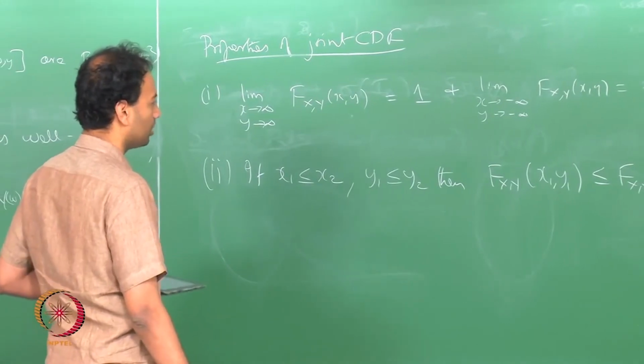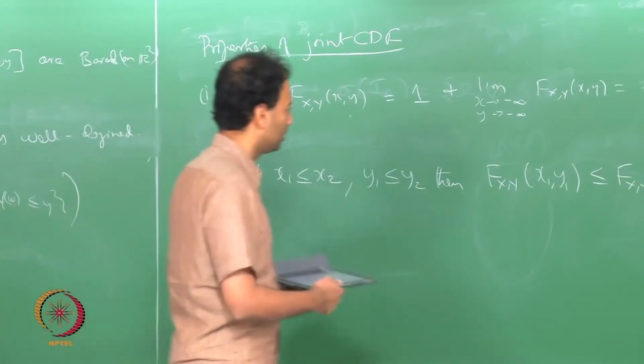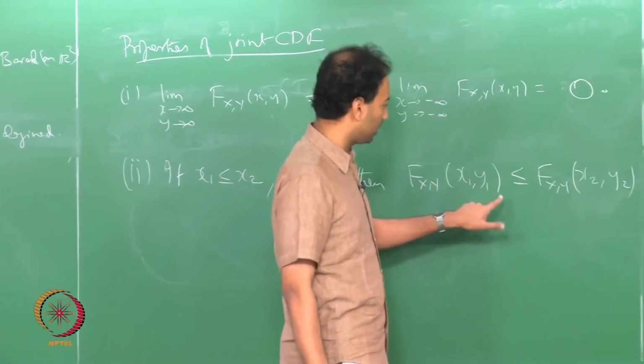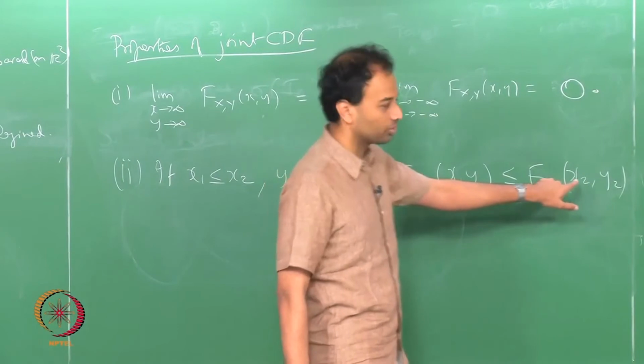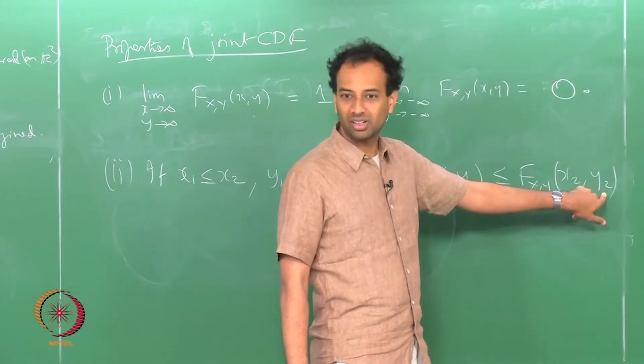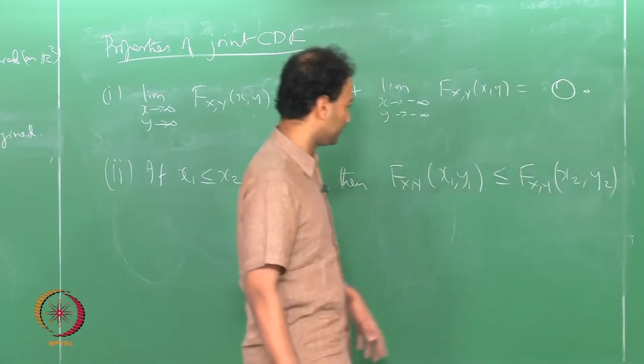And this is again obvious because the set of omegas that map to the semi infinite rectangle up to x1, y1 is contained in the omegas that map to the semi infinite rectangle up to x2, y2, right. So, this will follow.